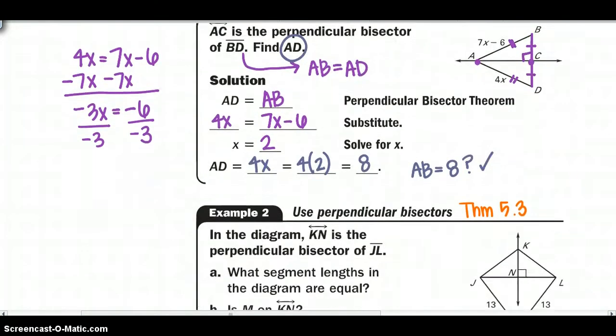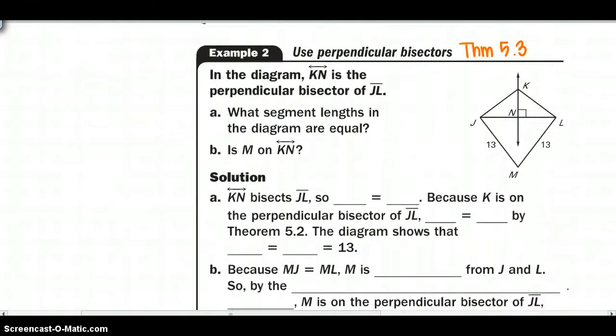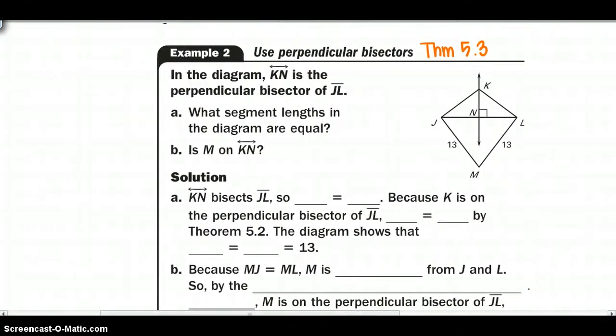Moving on to the next example, we're going to use theorem 5.3. In the diagram, we know that KN is the perpendicular bisector of JL. What segment lengths in the diagram are equal? Since KN bisects JL, we know that NJ equals NL.